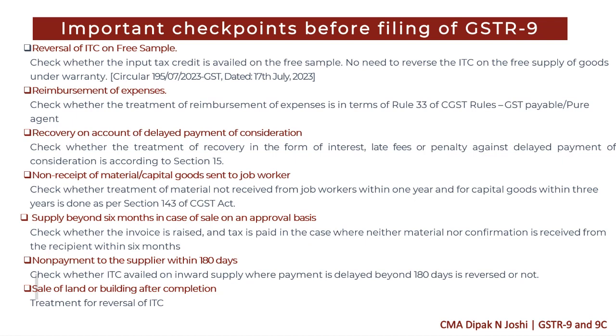Now, if you are not paying consideration within a period of 180 days from the date of invoice, in that case, you are required to reverse the input tax credit along with the interest.